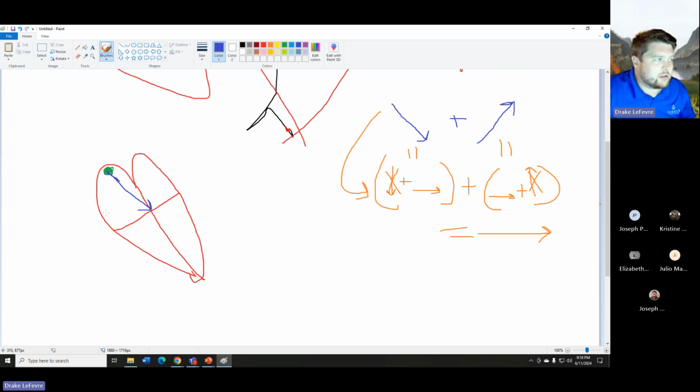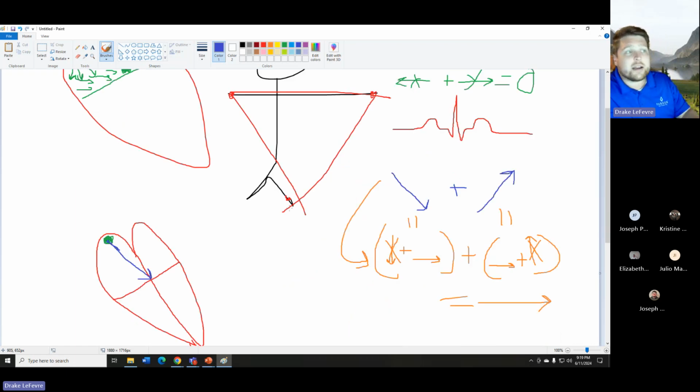Does that make sense? Because we start at the SA node and we need to end up at the AV node. So in order to do that, we have to travel down and to the left.